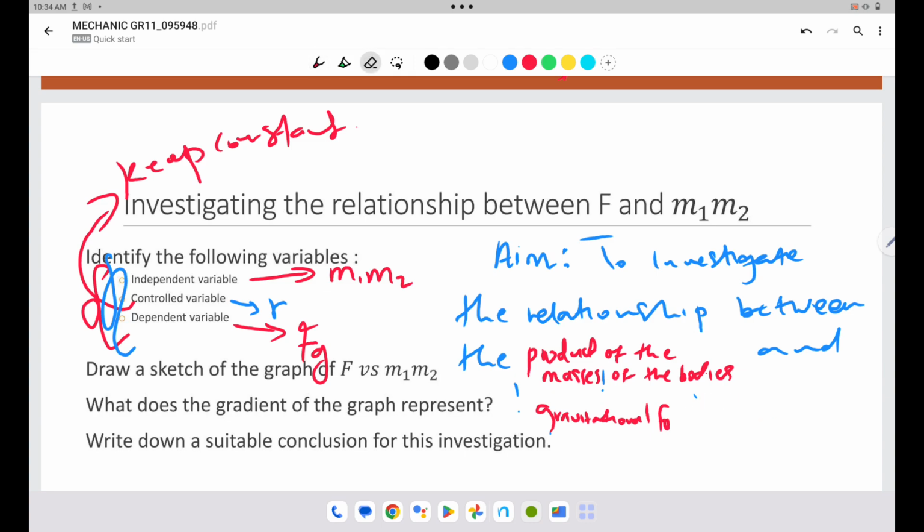Okay, so your aim is a statement to investigate the relationship between the product of the masses and the gravitational force.